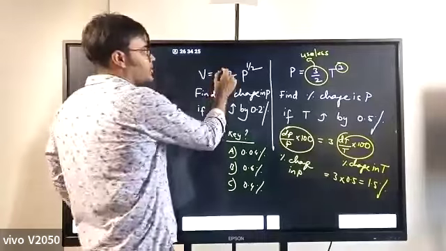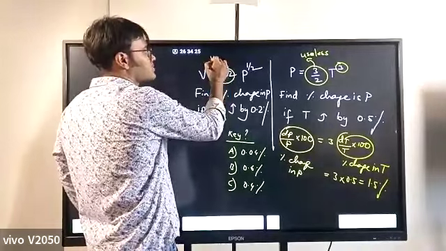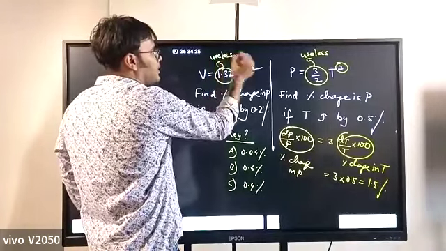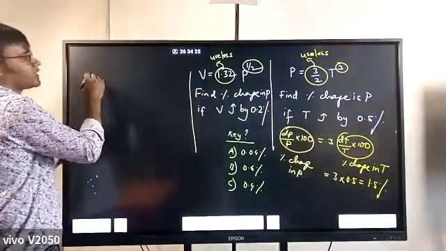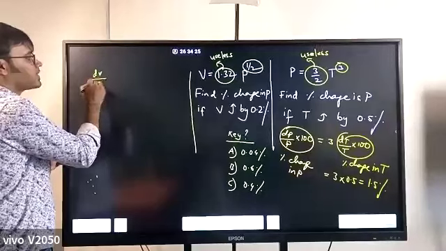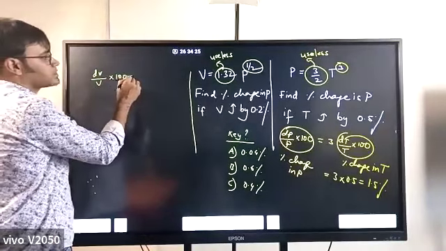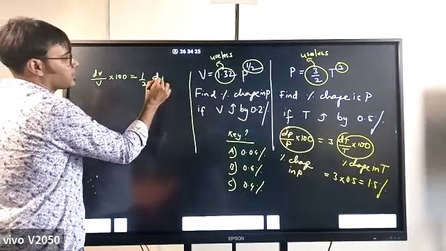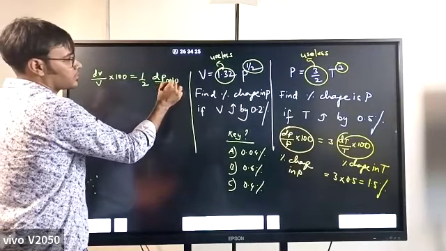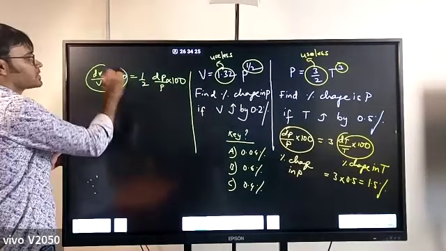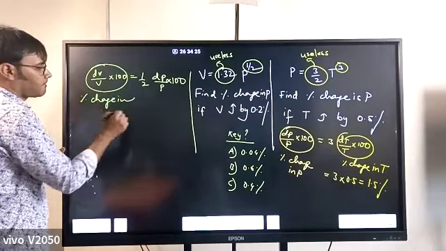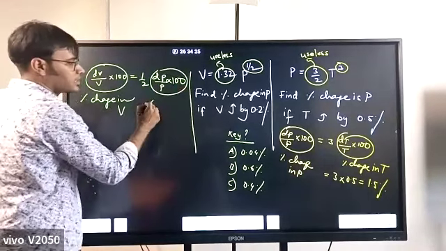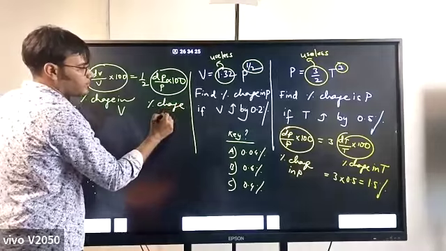Okay, so I hope you understand. Again, this is useless and the power will come in front. We can write dV by V into 100 is equal to 1 by 2 dP by P. This is percentage change in volume. This is percentage change in pressure.